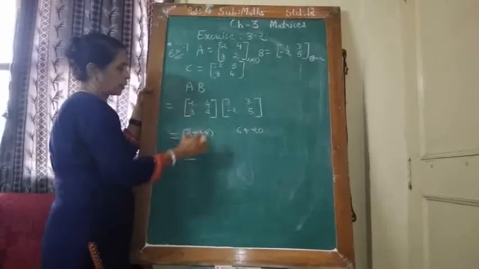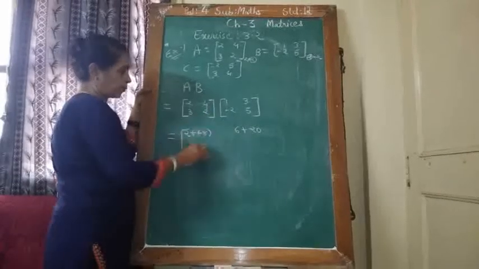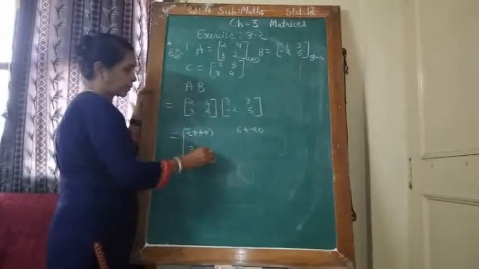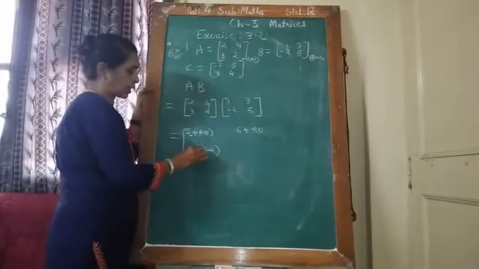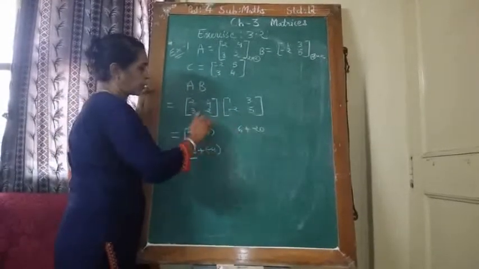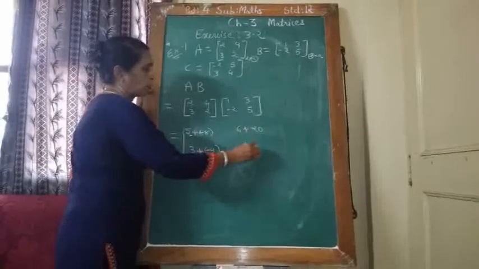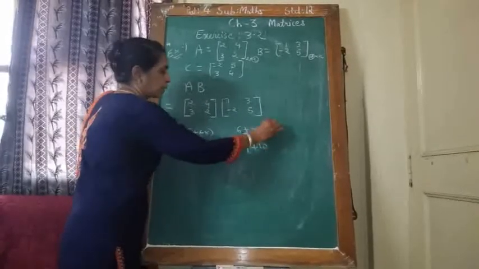So second row: 3 1 ja 3, 2 plus minus minus, 2 2 ja 4 minus. Then second row with second column: 3 3 ja 9, 2 5 ja 10.